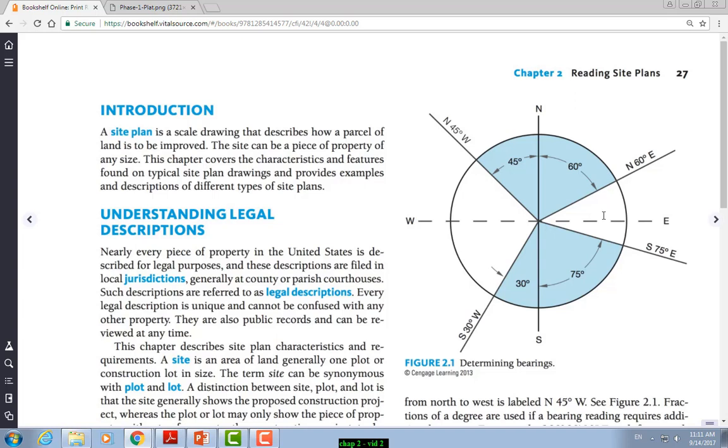Now that minute is cut into 60 sections, and that's a second. So very precise. Imagine a degree, how small that could be. Then you cut that degree 60 times, which are the minutes, and then you grab one of those minutes and cut it again 60 times, and those are the seconds. So now it's going to be very precise.